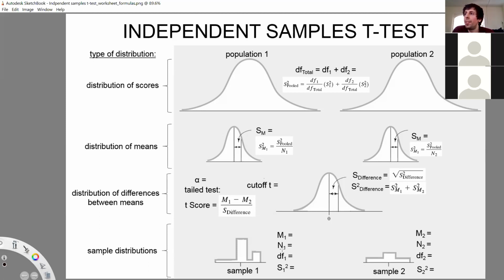If you were to take two samples that each had a sample size of 10, sample 1 would have 9 degrees of freedom, and sample 2 would also have 9 degrees of freedom. So our DF total would be 9 plus 9, or 18. Do not make the mistake of assuming that the degrees of freedom total is n1 plus n2 minus 1.